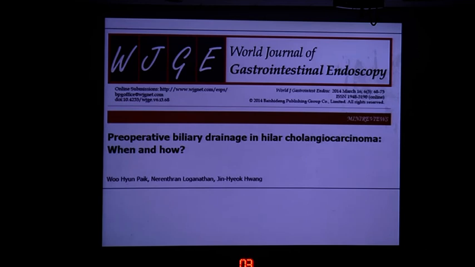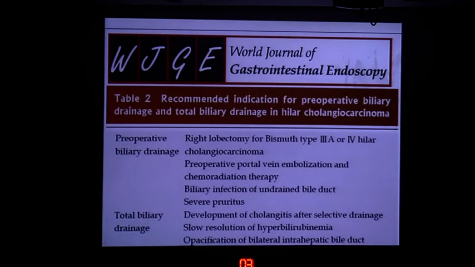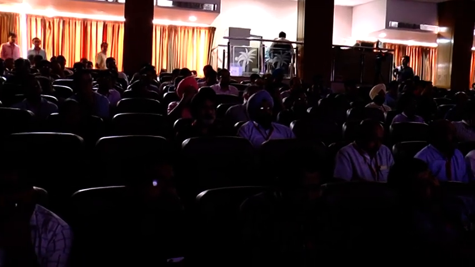So, last year, in the review article, I will read, I promise. Preoperative biliary drainage: right lobectomy for Bismuth type 3A or 4 hilar cholangiocarcinoma is indicated. Preoperative portal vein embolization and chemoradiation therapy indicated.